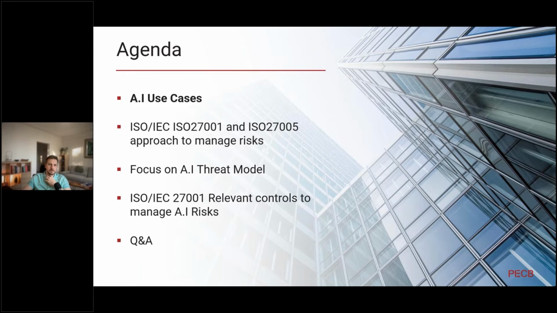And then we're going to talk about the global approach, why ISO 27001 and 27005 can benefit, why this approach is efficient to manage risk. Then we will make a good focus on the AI threat model that we propose, because as we will explain, AI threat modeling is at the core of risk assessment activity and is important to know about the main threats that can be specific to artificial intelligence.